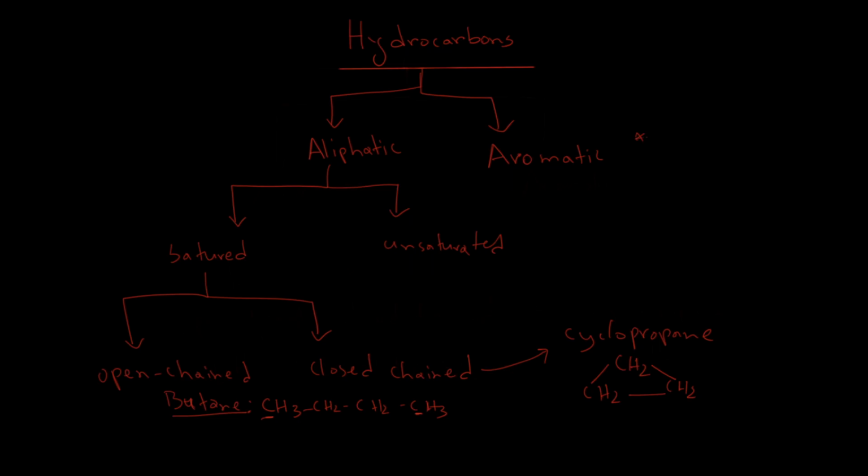But in chemistry, an aromatic hydrocarbon has a coplanar cyclic structure, and it has alternating double bonds.